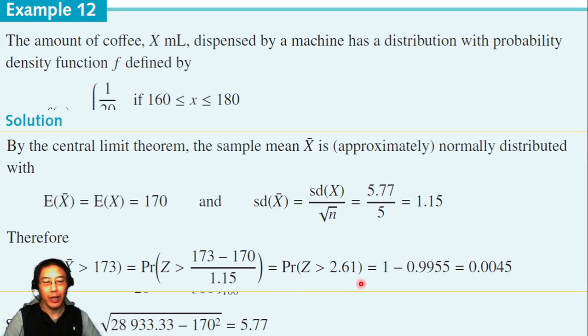Once it's standardized, you can use the CAS calculator. When you standardize on the CAS, the probability has to be of the form less than before you enter it on the calculator. That is why they use the complementary, and they get the answer. We haven't covered that in Methods yet, so just keep that in mind.